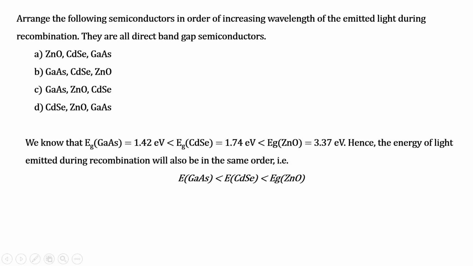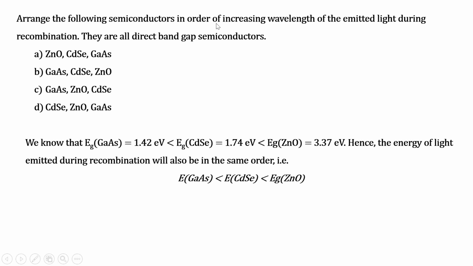With respect to energy, for gallium arsenide it is 1.42, for cadmium selenide it is 1.74, and for zinc oxide it is 3.37. They are asked in increasing order of wavelength, right? Energy increasing order would be GaAs, CdSe and ZnO.